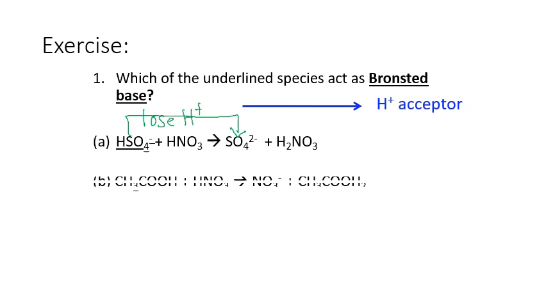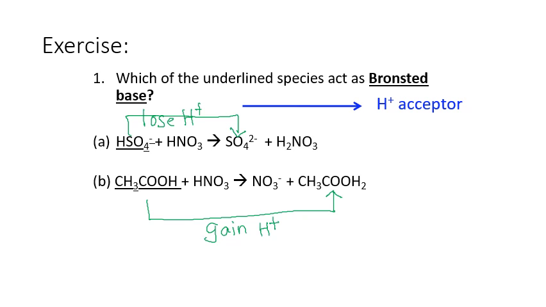While CH3COOH, I will pair it with CH3COOH2+, where we can see here it has gained H+. So please tell me which one is the Bronsted base. Yes, you are right. CH3COOH is the Bronsted base.